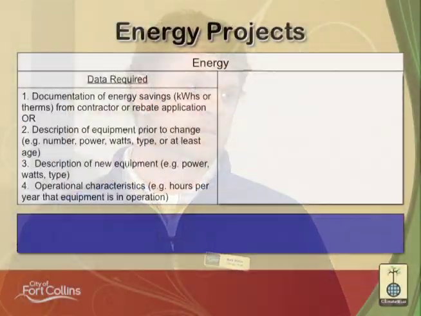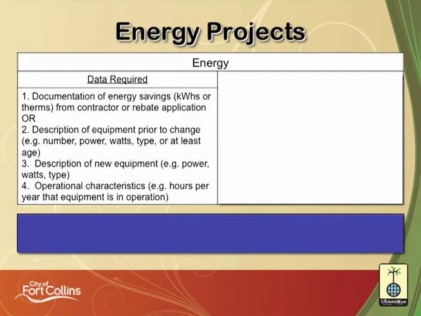And you're going to see that when we go back into MyClimateWise, what you need is what you probably already have in your hands. If you have number one, you're feeling real good because there's not a lot of work you have to do. But if you don't have this documentation, then you need to do 2, 3, and 4, which is basically this. What happened before you made a change?